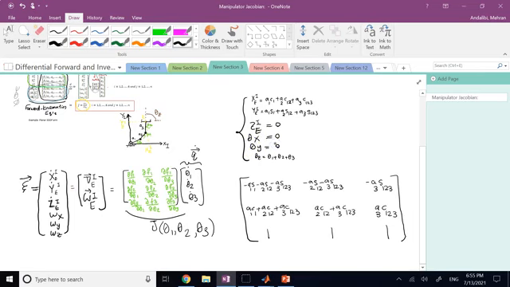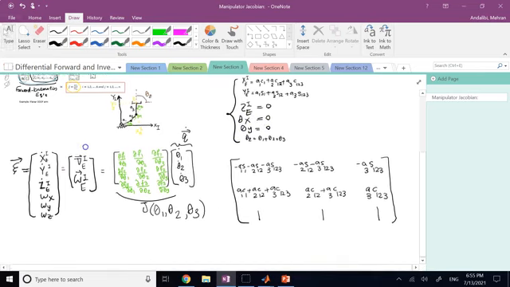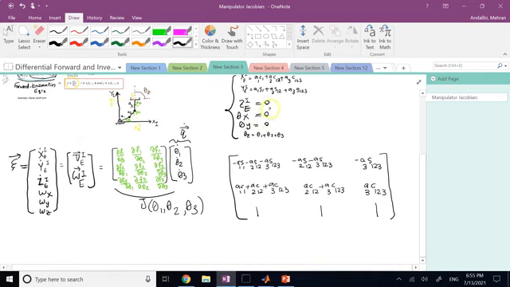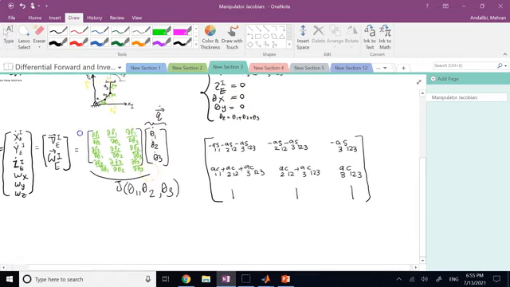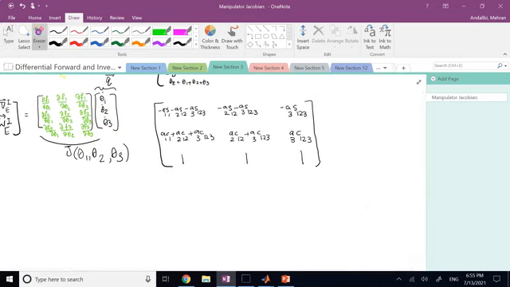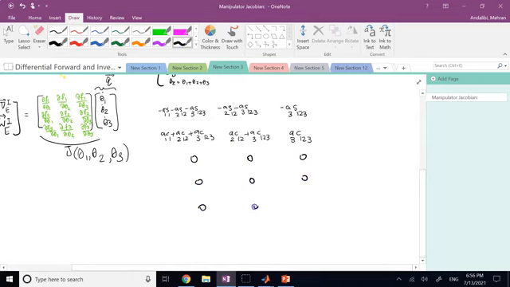And then what happens to the end effector? These 3 rows will not be a function of any of these theta 1 dot, theta 2 dot, theta 3 dot. So what happens to J? Your J will be basically something like this. 3 rows of 0 added. The last row will be 1, 1, 1.